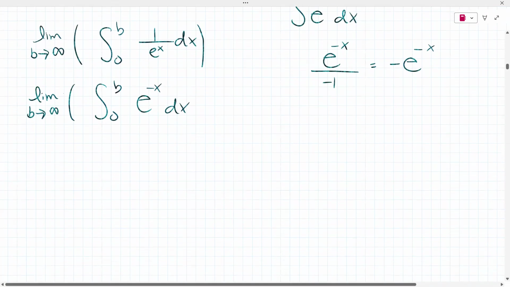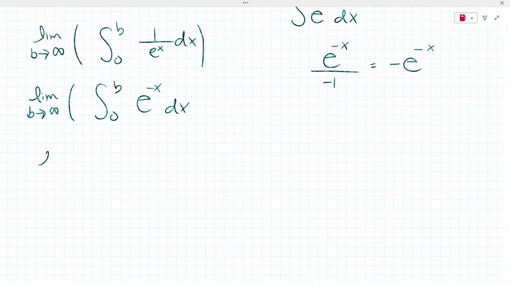Okay, since we know that, we can rewrite it as the limit as b goes to infinity, and we could just apply the fundamental theorem. So the integral of e to the negative x was negative e to the negative x. Our lower boundary is 0 and our upper boundary is b.